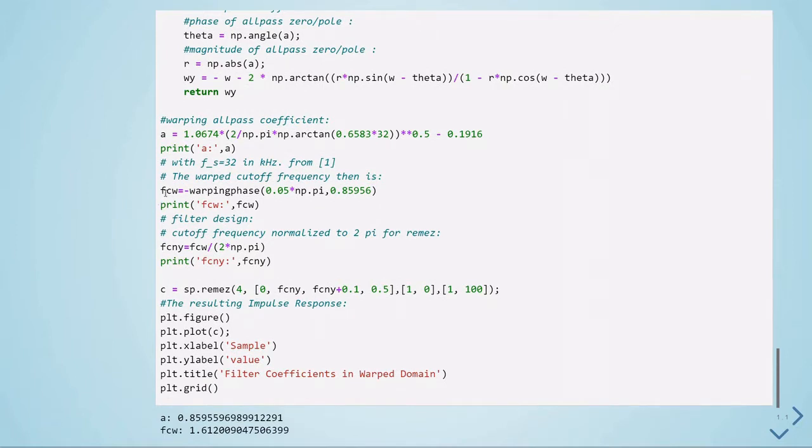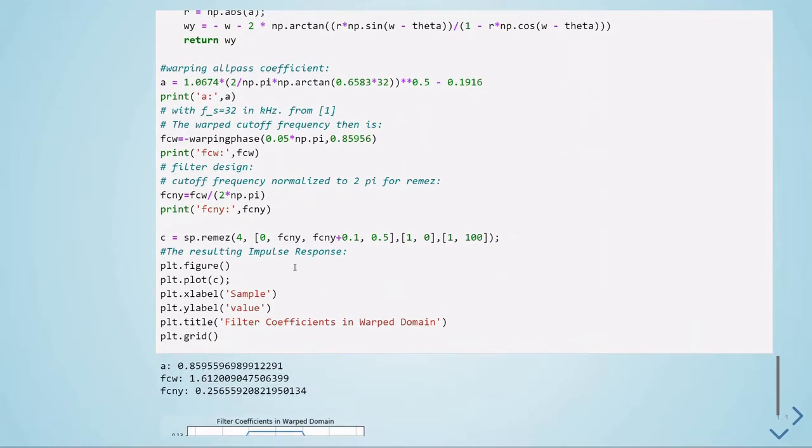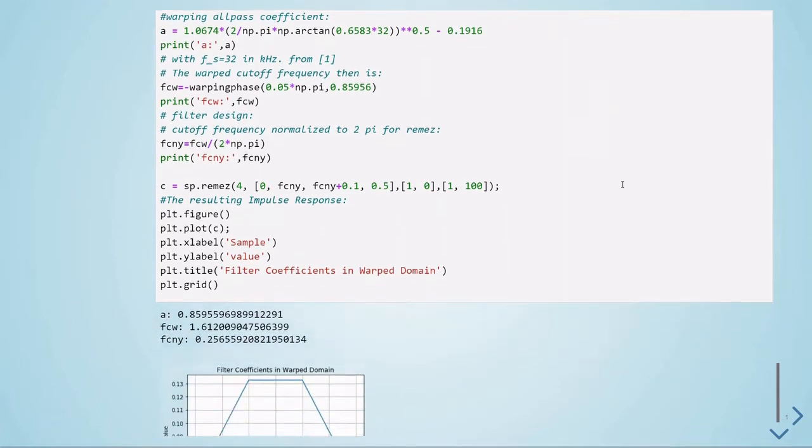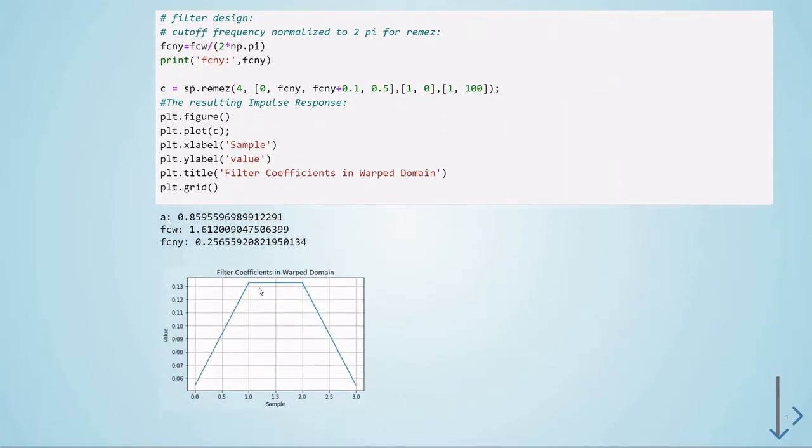and we have our warped cutoff frequency. Then we need to normalize to 2 pi to use with the Remez algorithm. So we're doing that here, and now we are calling the Remez algorithm with this new cutoff frequency that we calculated after all these procedures, and we have these filter coefficients in the warped domain.